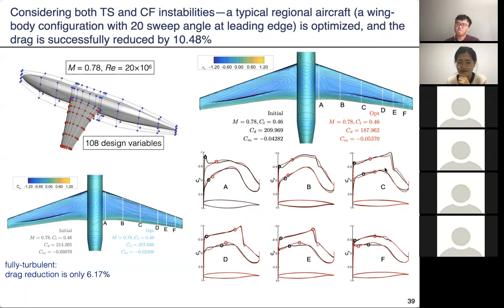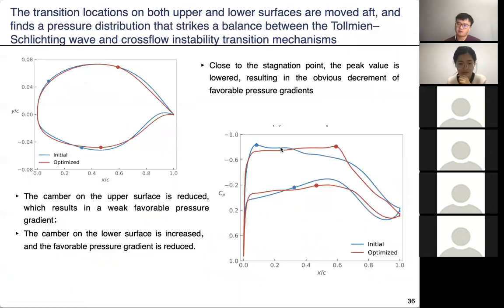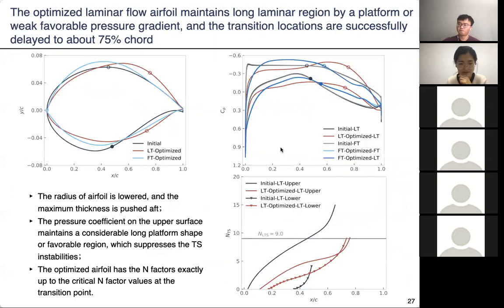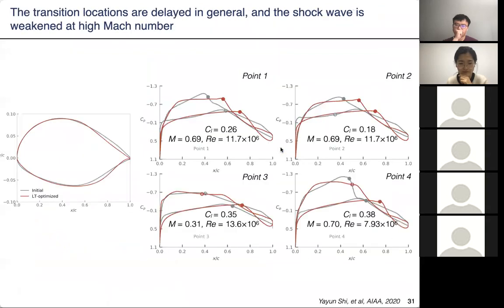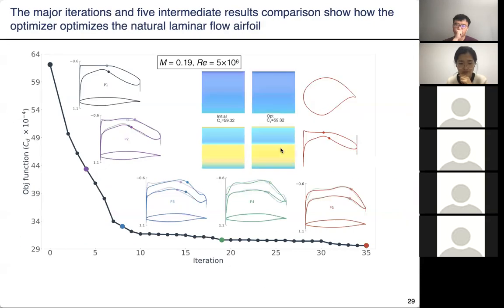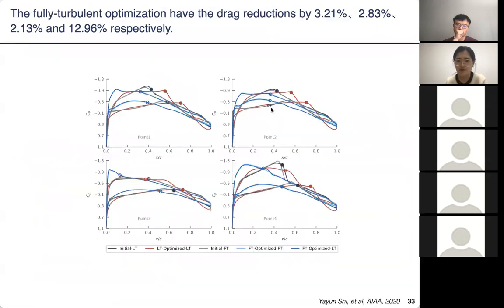So for this airfoil optimization, you can see that for the fully turbulent case, the blue one, it has a much lower pressure drag. With a positive pressure gradient, the transition would be induced by the Tollmien-Schlichting instability.